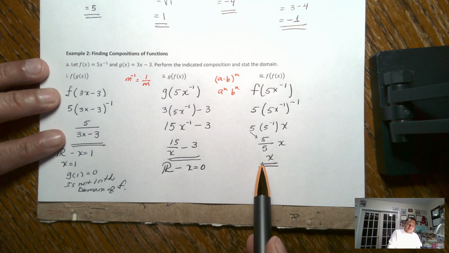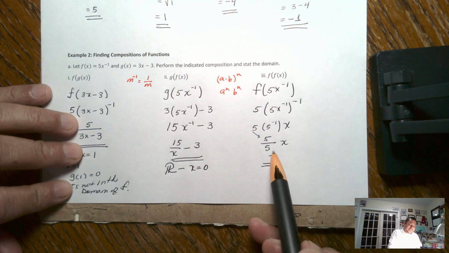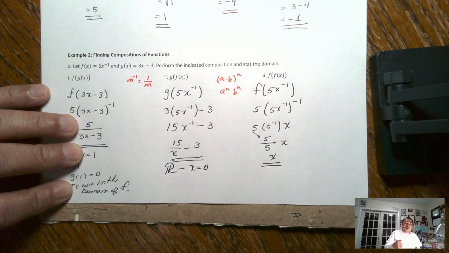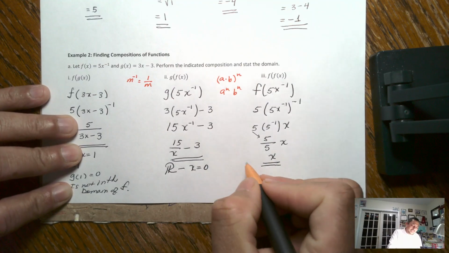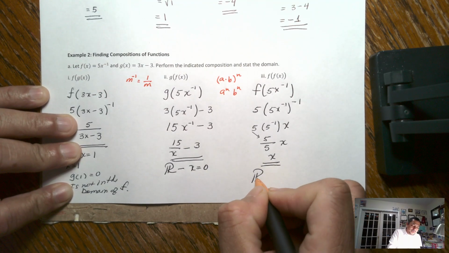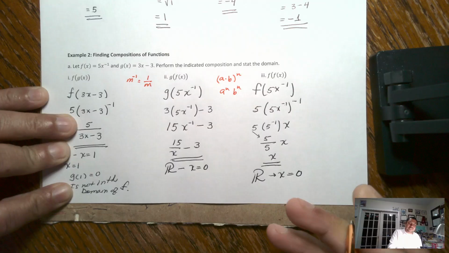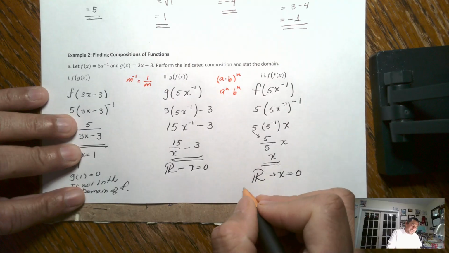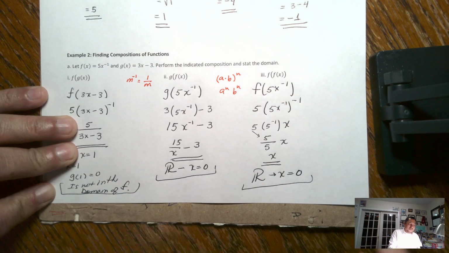And finally, this one, it seems that the domain is all real numbers for this function. The problem is we have this f(x) here that, remember, wasn't defined at x equal to 0. So this one, we also are going to say that the domain is all real numbers except x equal to 0, because it's not in the domain of f. So we need to be very careful with the domains of those functions.